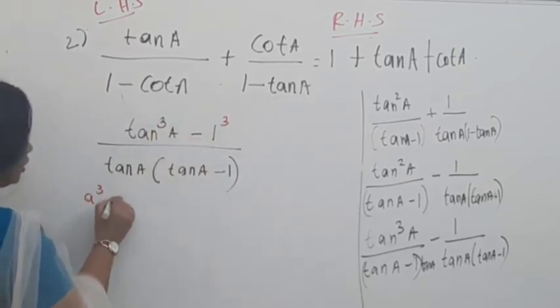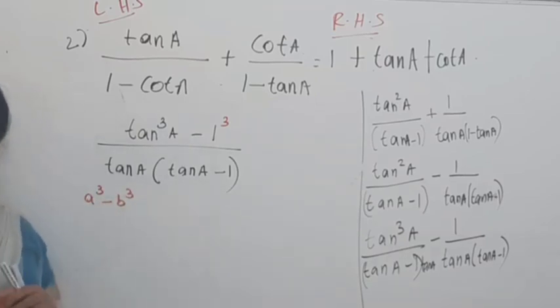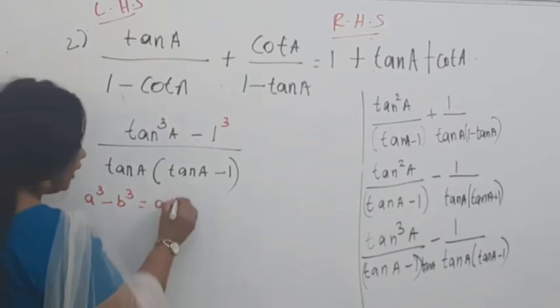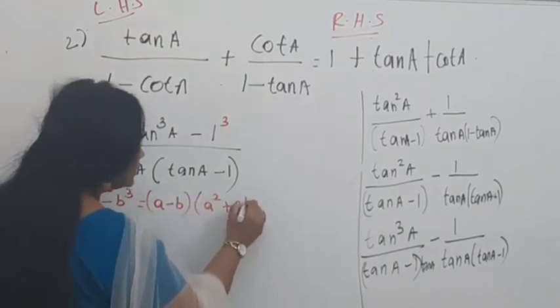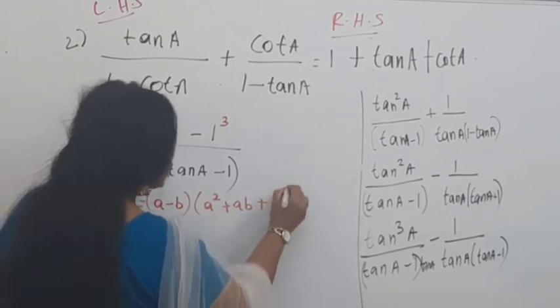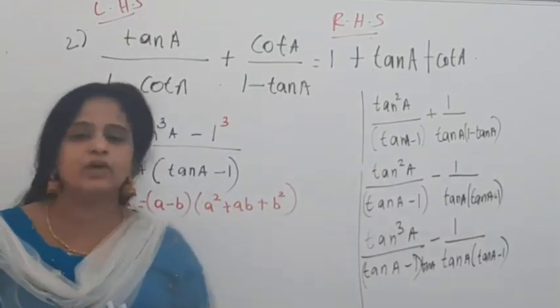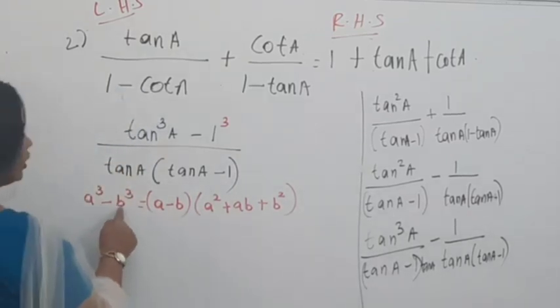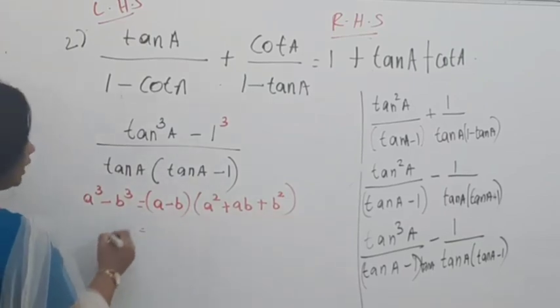I write the formula. You have studied this identity, a cube minus b cube, in your 9th standard. That is equal to a minus b into a square plus ab plus b square. That's what I told you: the previous year identities, you have to be thorough with that. So hope you get this. A cube minus b cube is this one. So what is my a here?